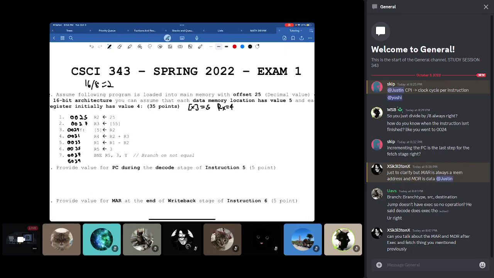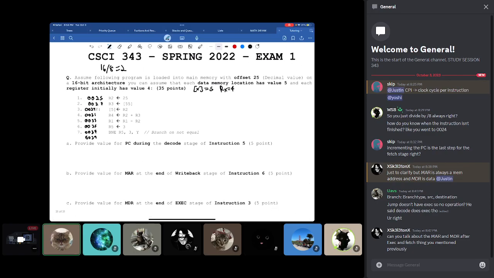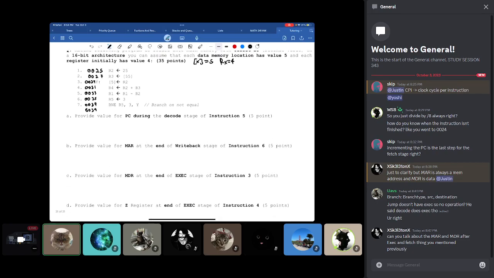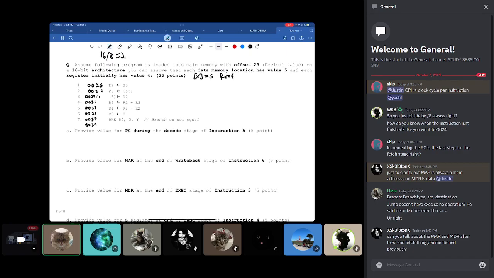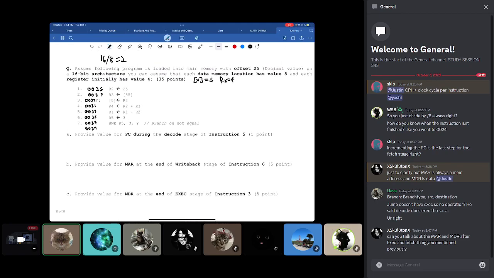From there, it's saying provide value for PC during the decode stage of instruction 5. Right, which we know that decode has nothing to do with PC, so we're going to be referencing the PC value during the fetch stage, right? Or sorry, the end of the fetch stage.